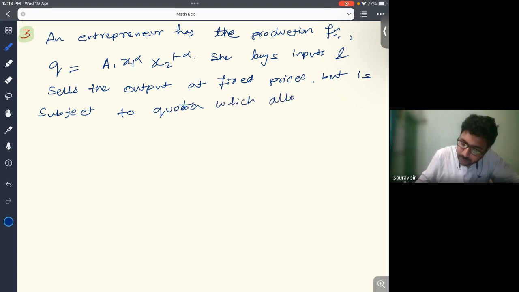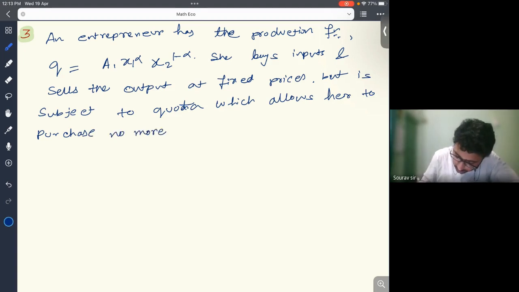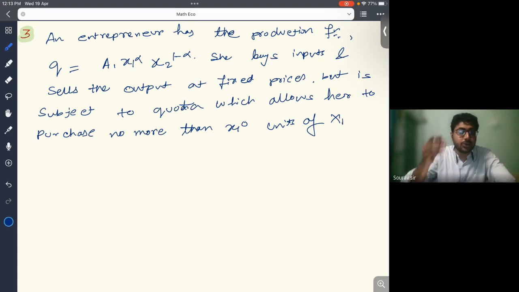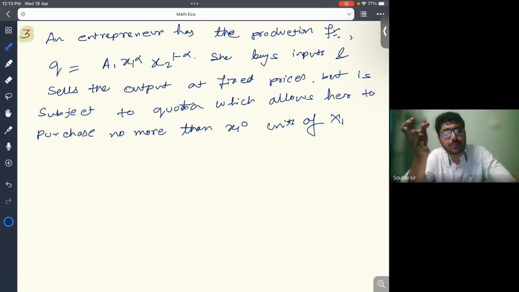So she would have purchased more in the absence of the quota.